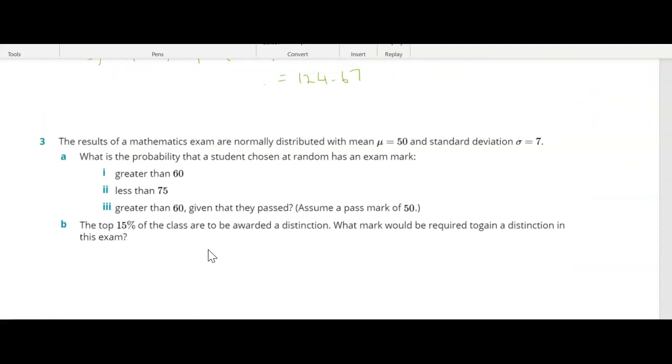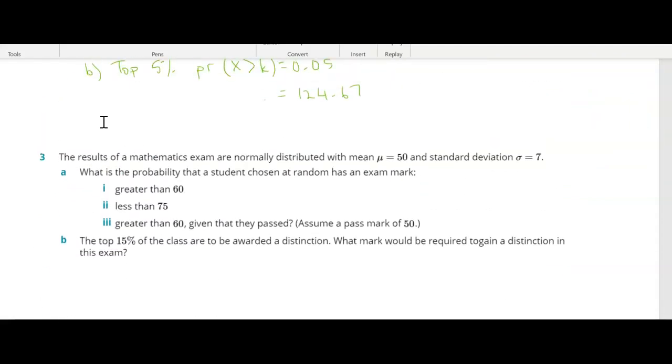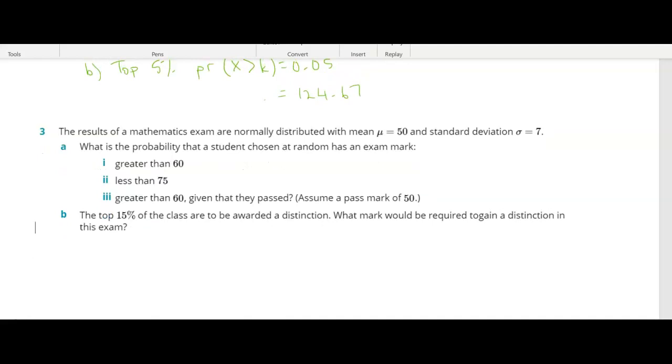All right, moving on to question 3. The results of a mathematics exam are normally distributed, with a mean of 50 and a standard deviation of 7. What is the probability that a student chosen at random?